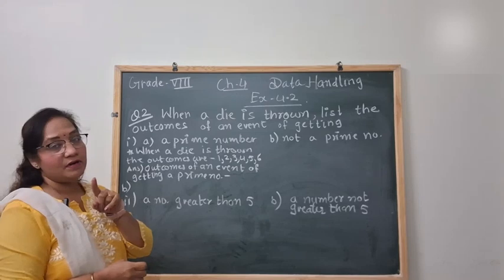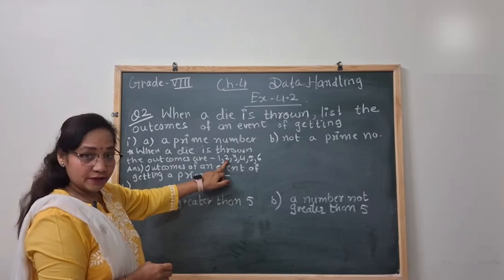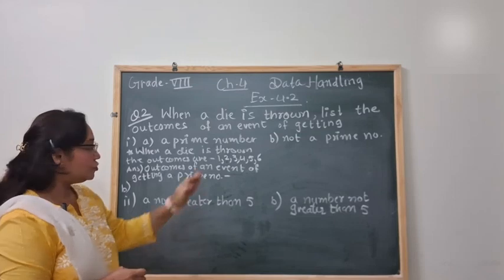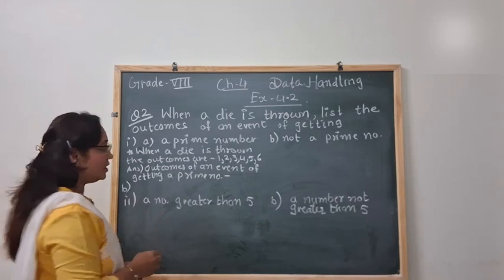Our event is prime number. So what are the outcomes of this event? 2 is a prime number, 3 is a prime number, and 5 is a prime number. So 2, 3 and 5, these are our outcomes of the given event.